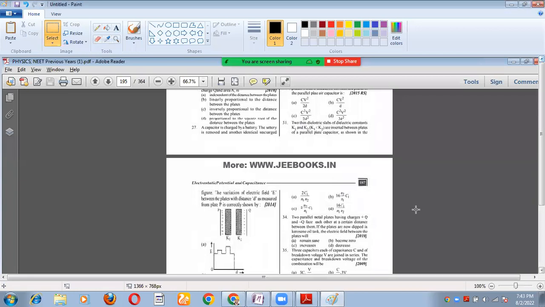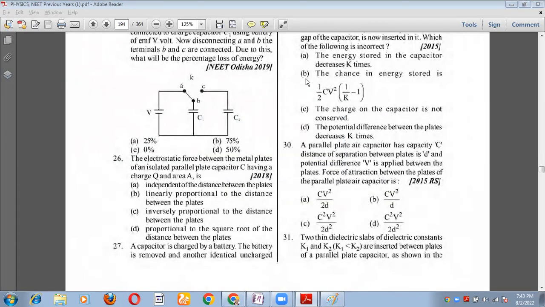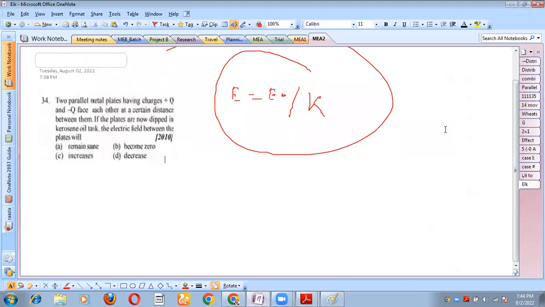Actually, force is Q square by 2 epsilon naught. So how do we calculate force?